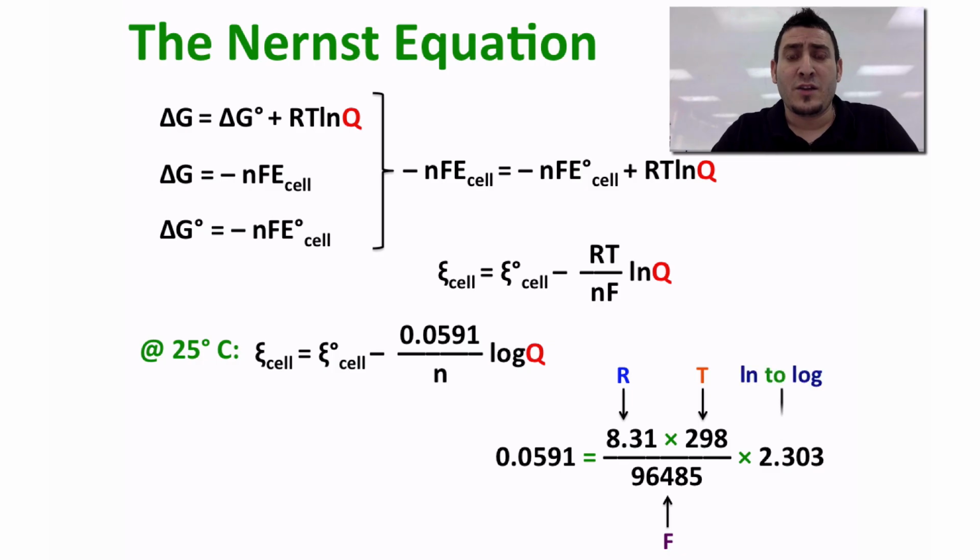The 2.303 number comes from the conversion of natural log to log base 10.